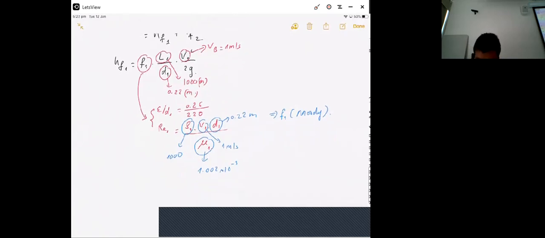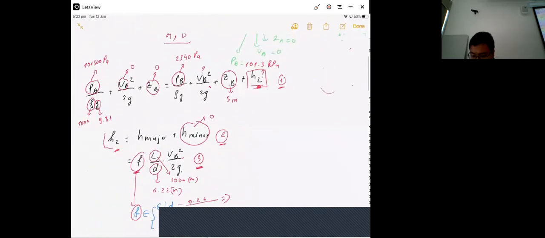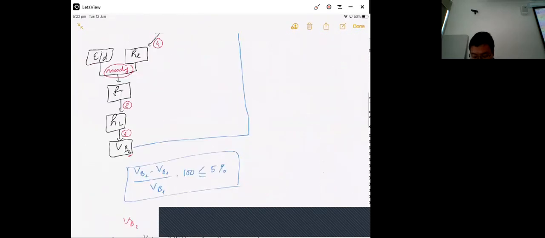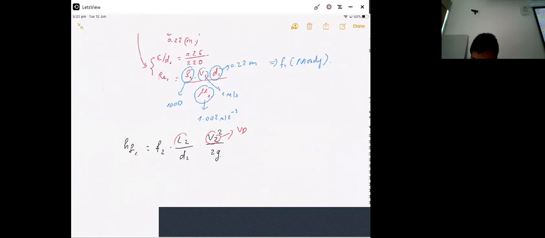Similarly, SF2 equals F2 L2 over D2 times V2 square over 2g. V2 is the small pipe velocity, equal to VD, which is Q divided by the cross-section area. L2 is 500 meter. D2 is given as 0.18 meter. F2 comes from epsilon over D2 and Reynolds number 2.